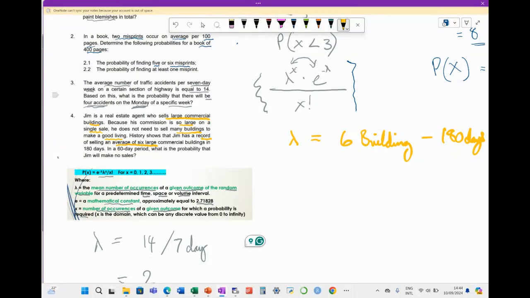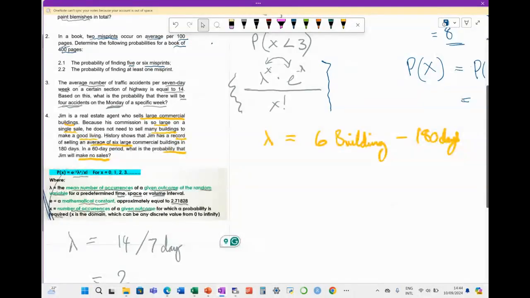Okay, so what else are they saying here? In a 60-day period, what is the probability that Jim will make no sale? Okay, so we're not interested in 180 days, we're interested in 60. So we need a 60-day average. So again, proportion, 6 times 60 over 180.